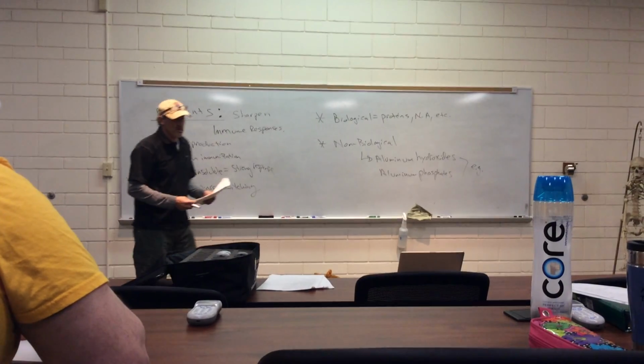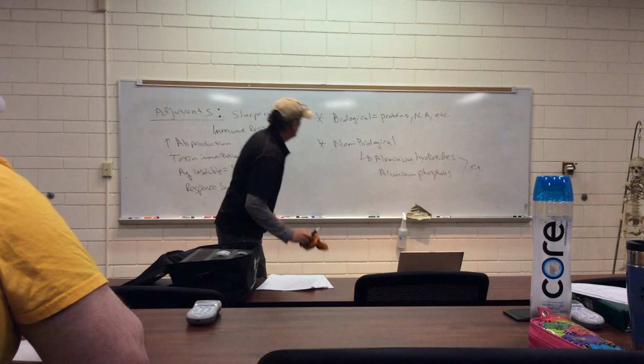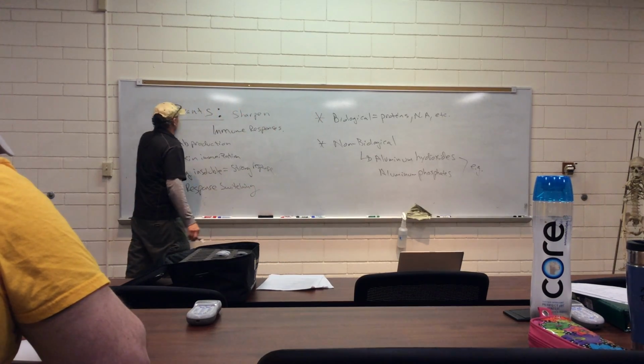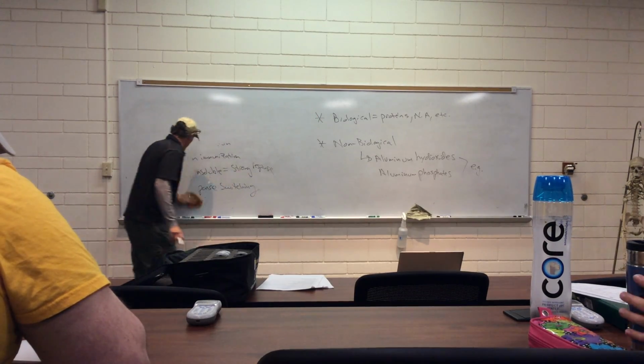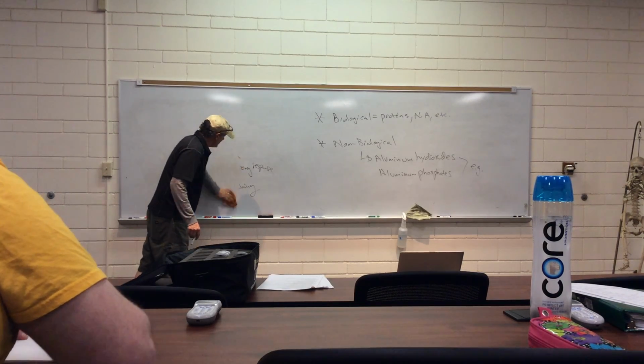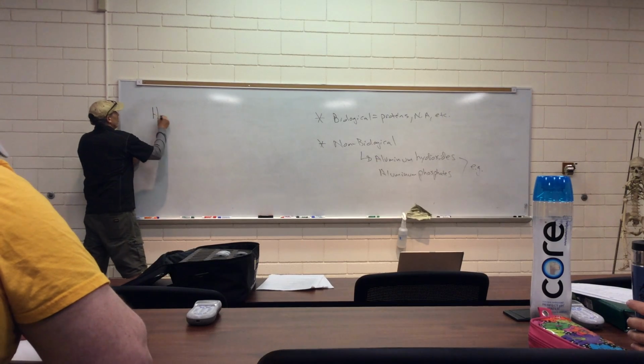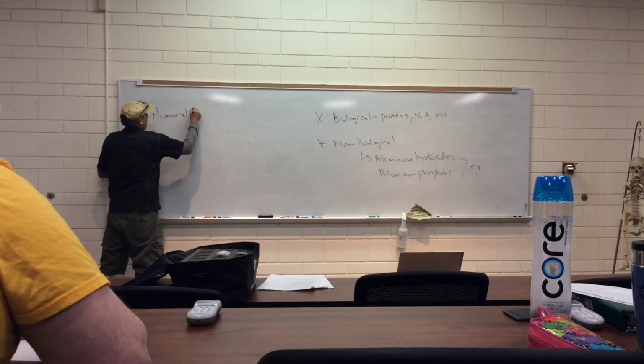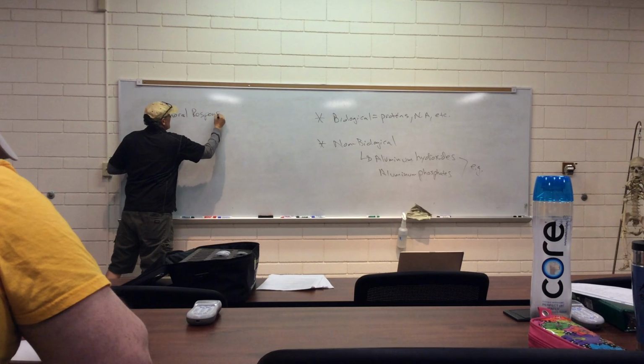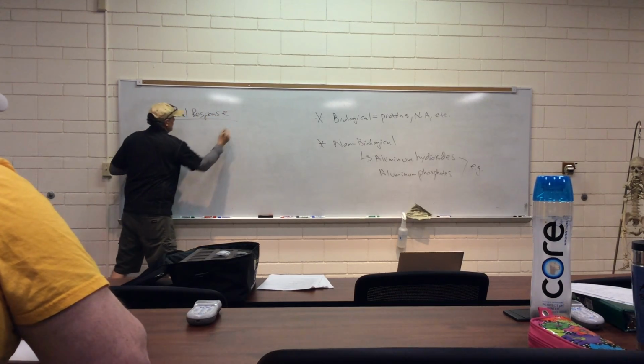So the last thing I'm going to talk about today, and then we'll come back and revisit it on Wednesday, because it's kind of a complex thing, is that up to this point, the humoral response is not about clearing the pathogen.